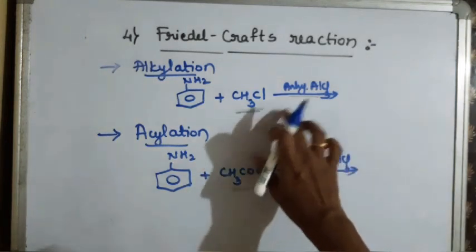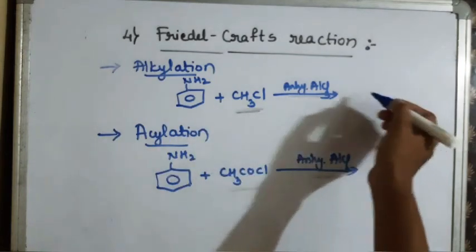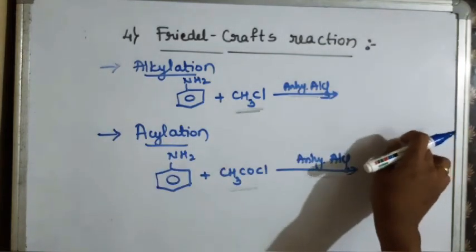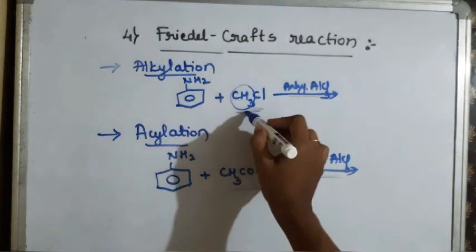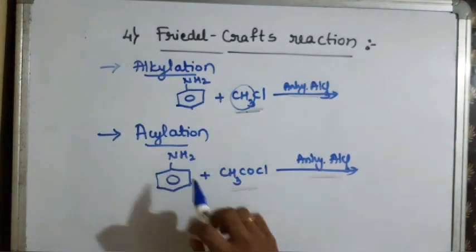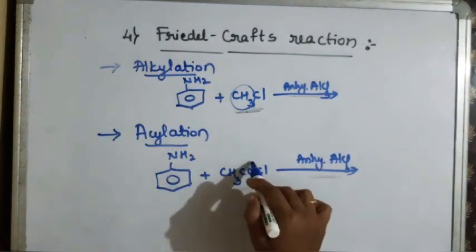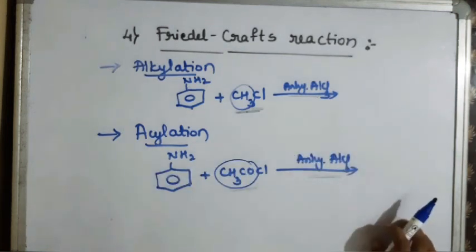When we use these reagents, what happens? It gives alkylated aromatic hydrocarbons. In alkylation, the CH3 group attacks the ortho or para position. And in acylation, the acyl group, that is the COCH3 group, attacks the ortho and para position in case of aniline.